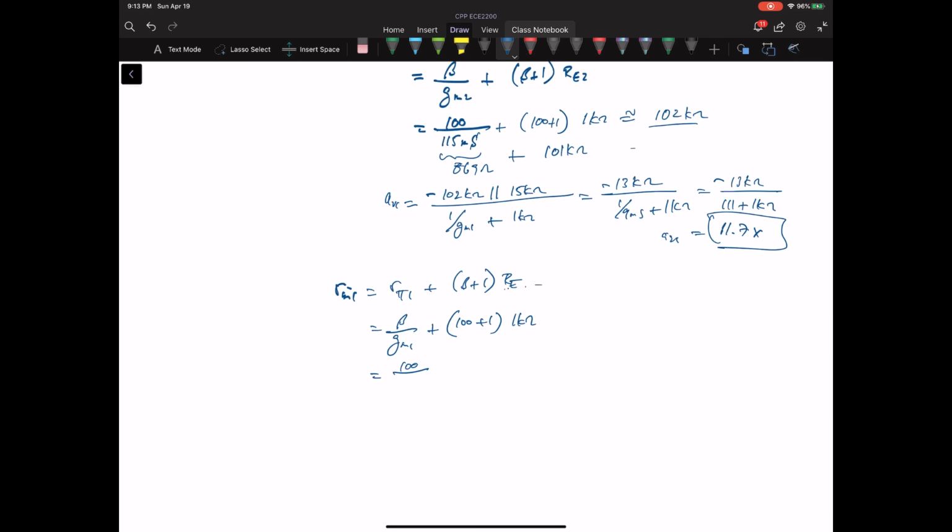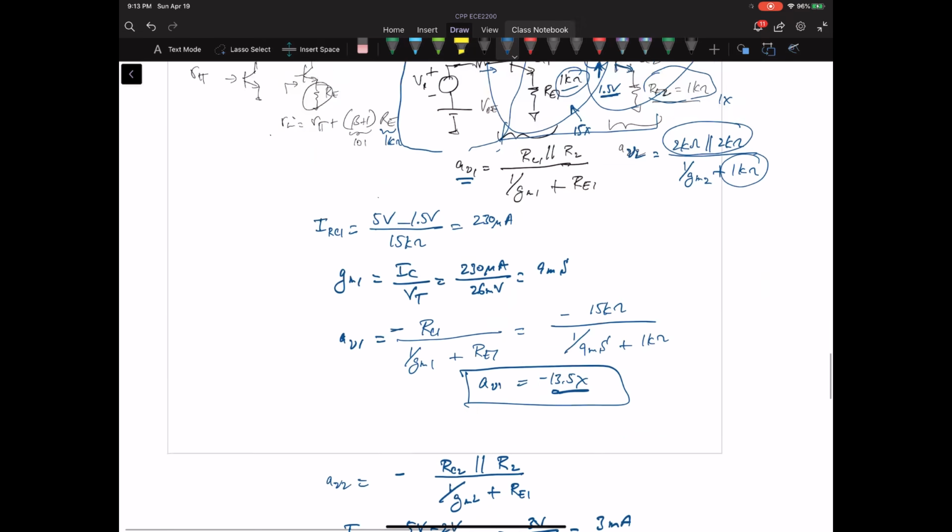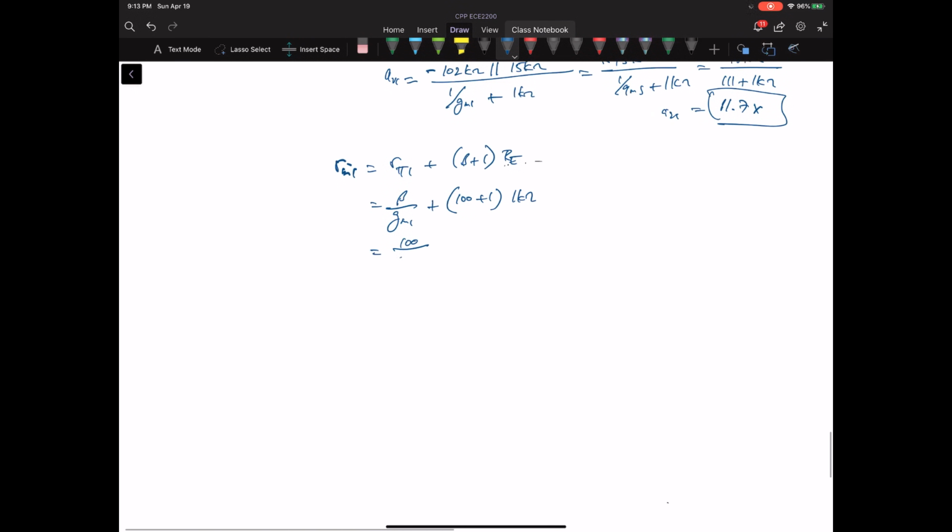This is 100 over gm of the first stage, which was 9 millisiemens, plus 101 k ohm. 100 divided by 9 milli is 11 kilo ohm. So this is 11 kilo ohm plus 101 kilo ohm, so that's 112 kilo ohm.